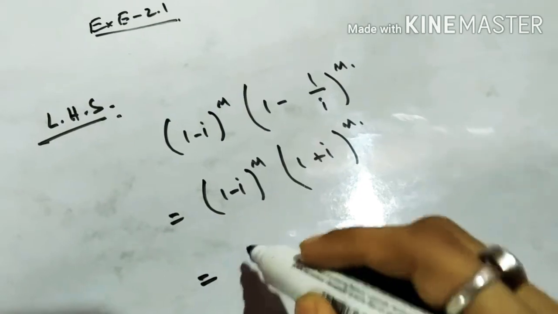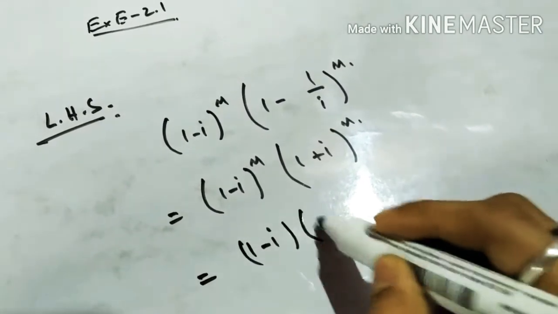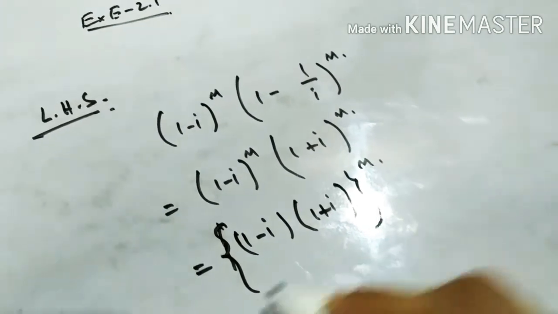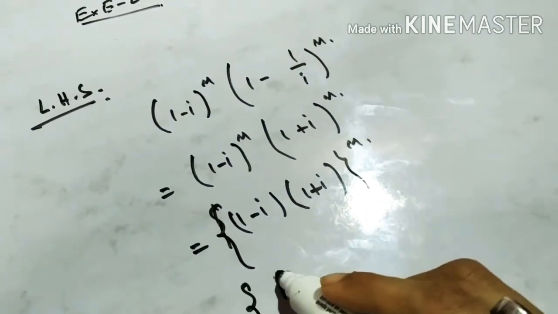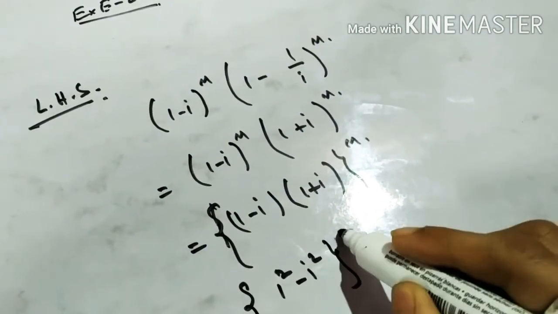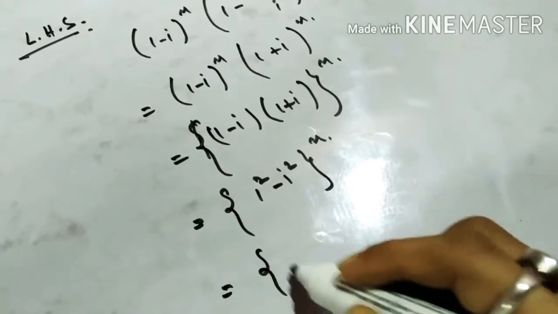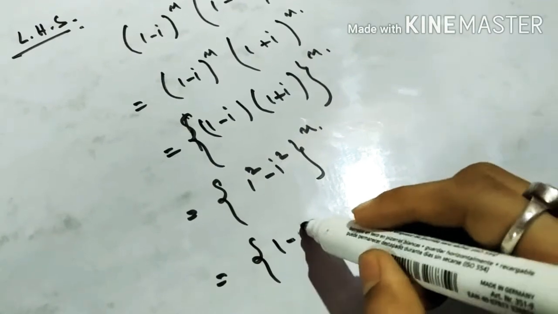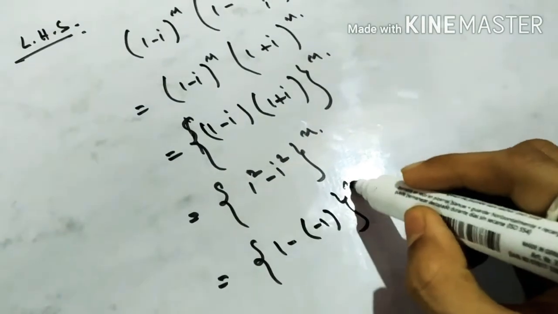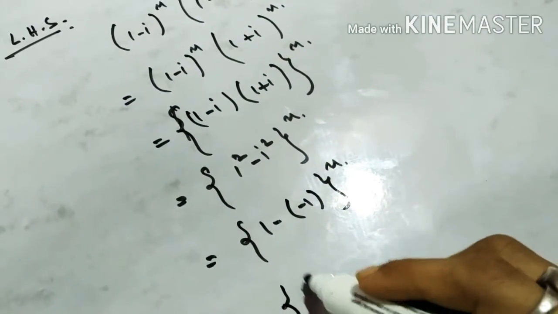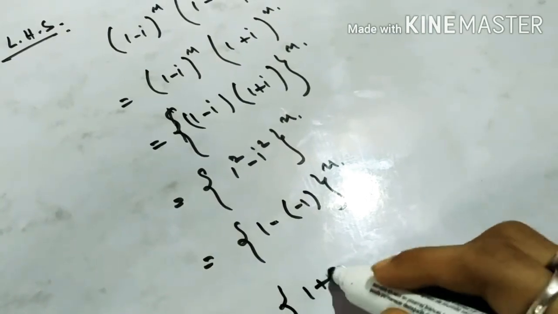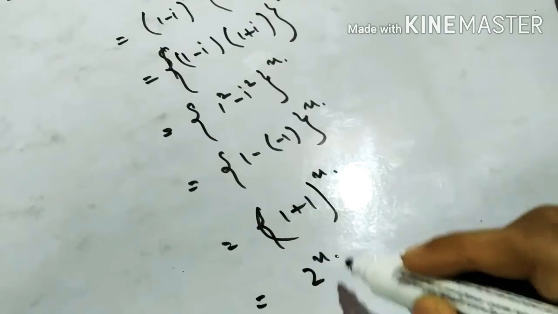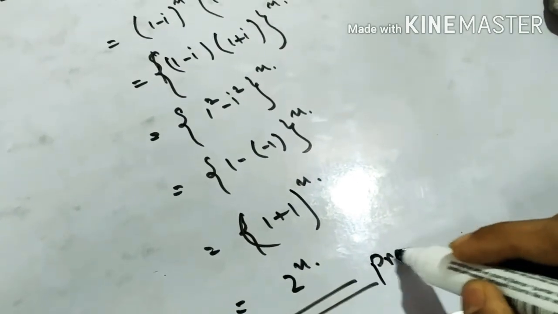So I will get (1 minus i) into (1 plus i) to the whole power n, 1 square minus i square to the whole power n, 1 minus minus 1 to the whole power n. This will become (1 plus 1) to the whole power n, 2 to the power n. This is our proof.